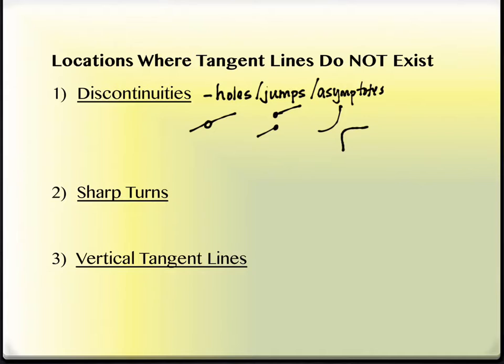Sharp turns are another place. Now sharp turns represent continuous functions, but they have a sharp change in value, or in direction, I should say. So we saw this with limits. Limits exist, that's fine. Continuity exists, that's fine, but derivatives don't exist.